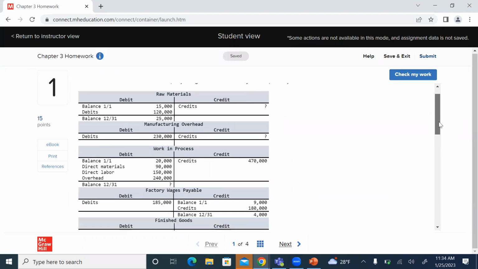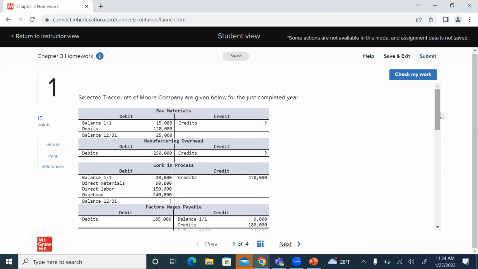Now, selected T accounts of Moore Company. They show us the breakdown of the raw materials. You see the balance that began, what was added, the ending balance. Then manufacturing overhead, same thing.